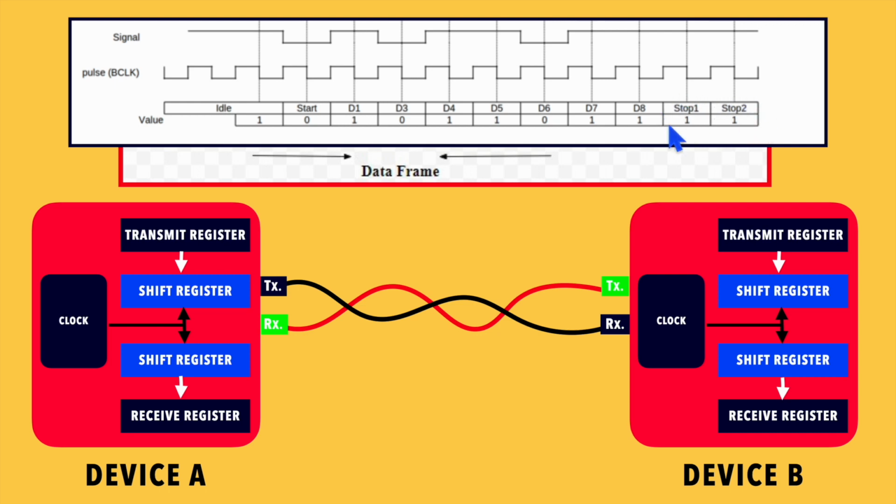Let's say it is configured for 2 stop bits, so 2 logic highs will be expected here, and once the receiver gets these stop bits, it will understand that the transfer has completed and the signal will again go high, which is an idle condition. That's how the data is transferred from one device to another device over the two lines using the UART communication protocol.